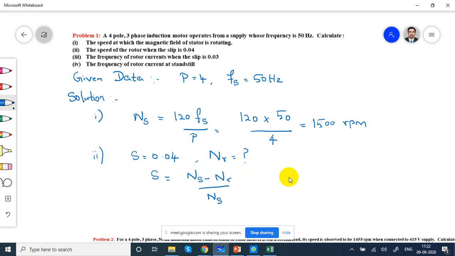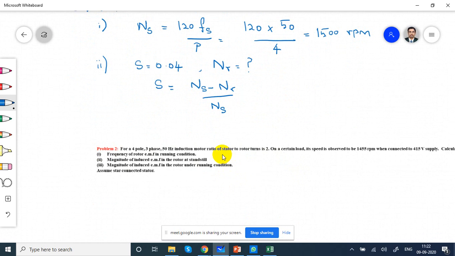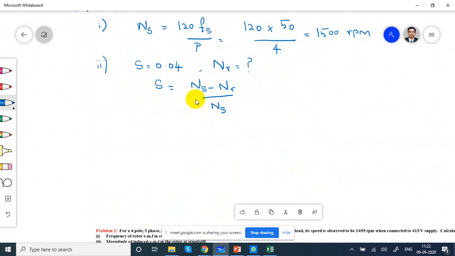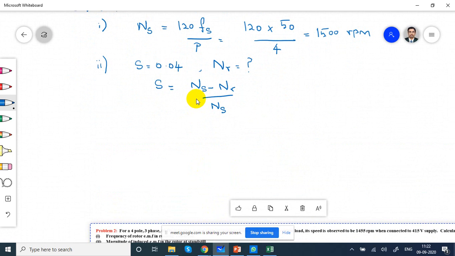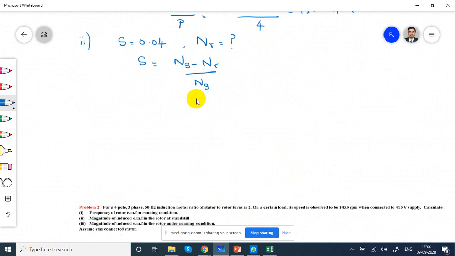So 0.04 equal to 1500 minus Nr divided by 1500.